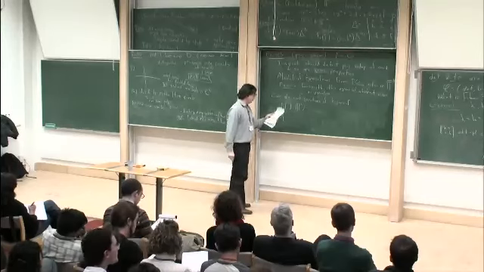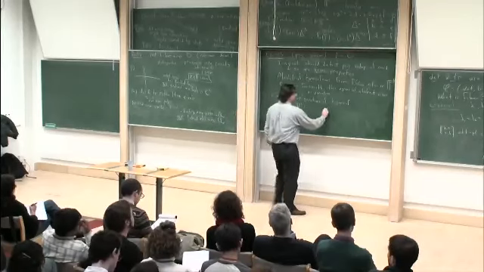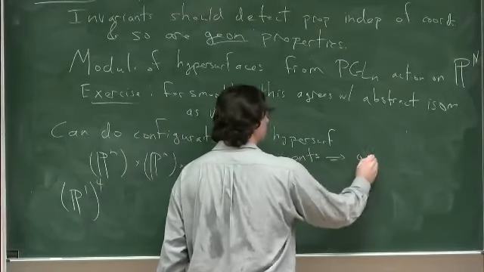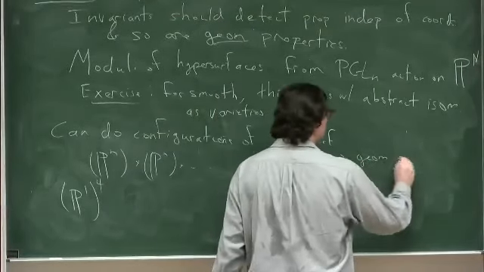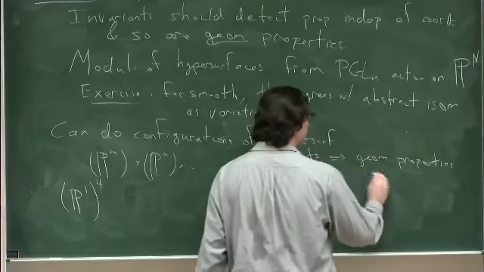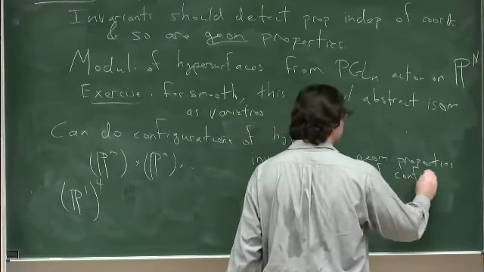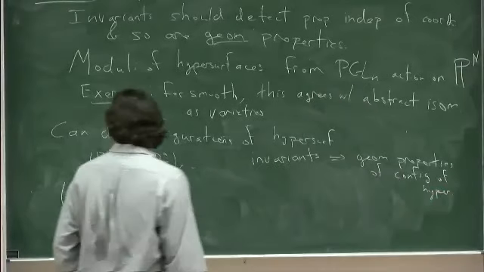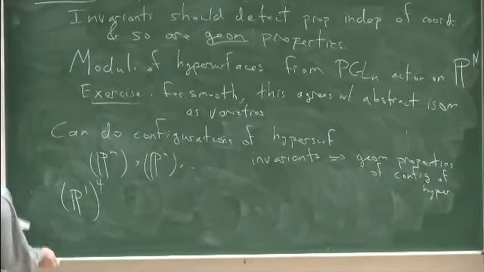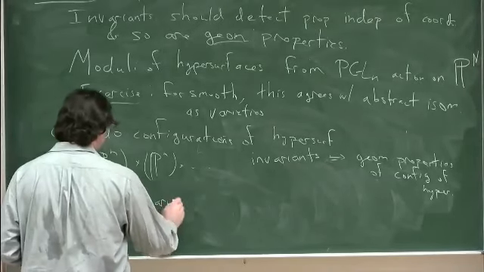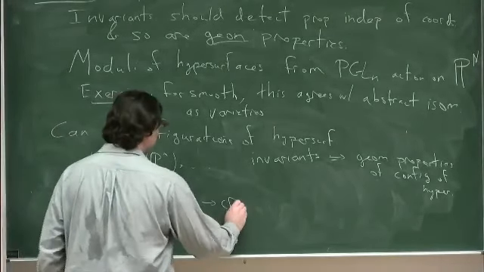What are the invariants? Invariants of these will give you geometric properties of the configuration of hypersurfaces. For P^1 to the 4, it's just 4 ordered points on P^1, and what you get as an invariant is just a cross ratio function.